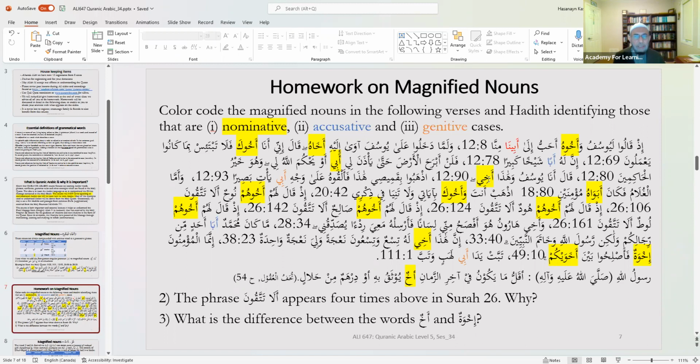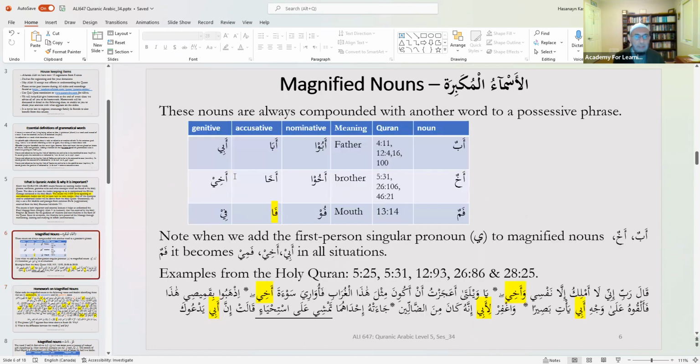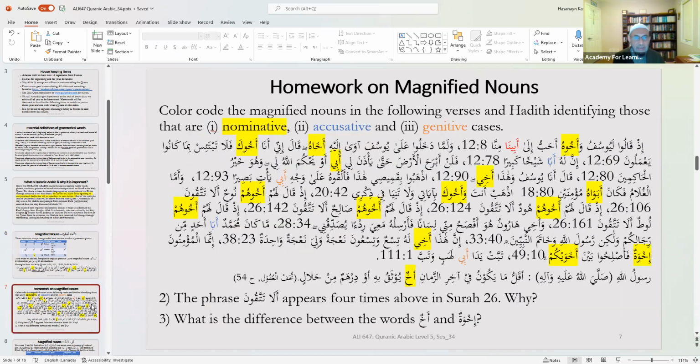Many of you thought that this is genitive because of Akhi, because as you said earlier, Akhi is genitive of Akhu. But in this case, Akhi means my brother, and it is a khabar. Ana Yusufu hadha akhi. I'm Yusuf, and this is my brother. So it is nominative. Is that clear?